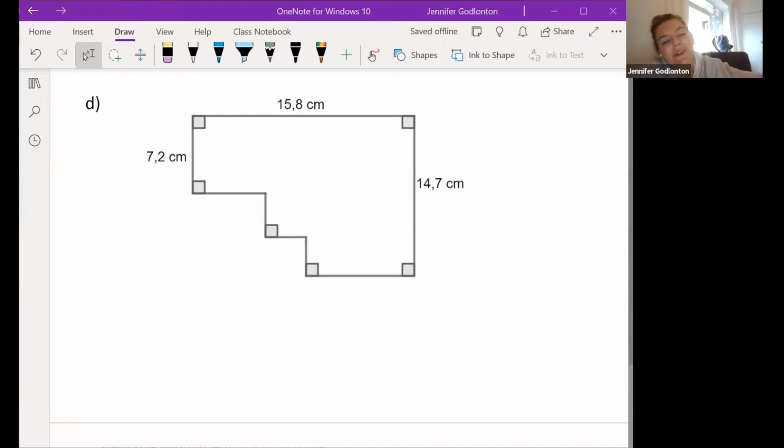Fatu, tell me what would happen if we were looking at this in a test. So obviously, these irregular shapes, you need to make them into regular shapes. So here we can say we have a square. So the 14.7 centimeters, we can minus it with the 7.2 centimeters.